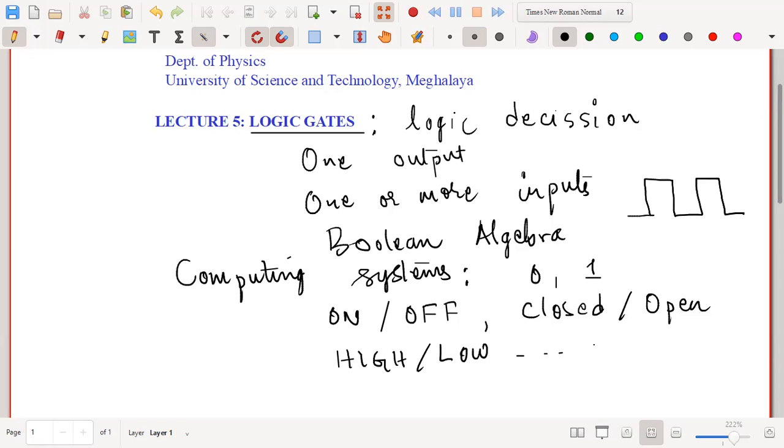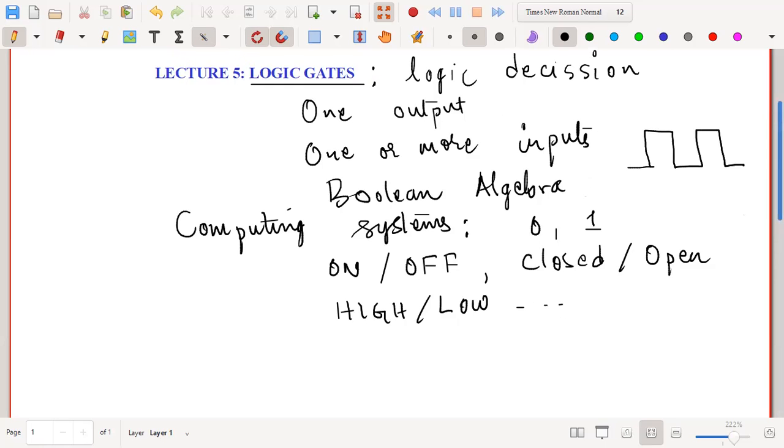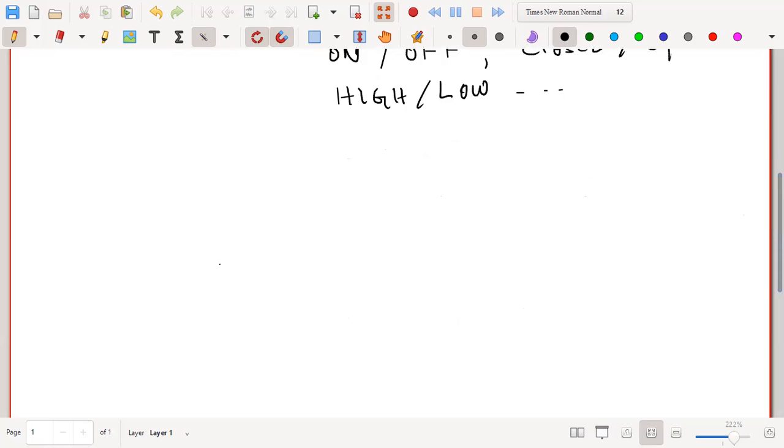Before I begin the logic gates, let me tell you one basic thing about positive logic and negative logic. We will be dealing with positive logic only in this course, but for clarification, let me tell you the difference between positive logic and negative logic.